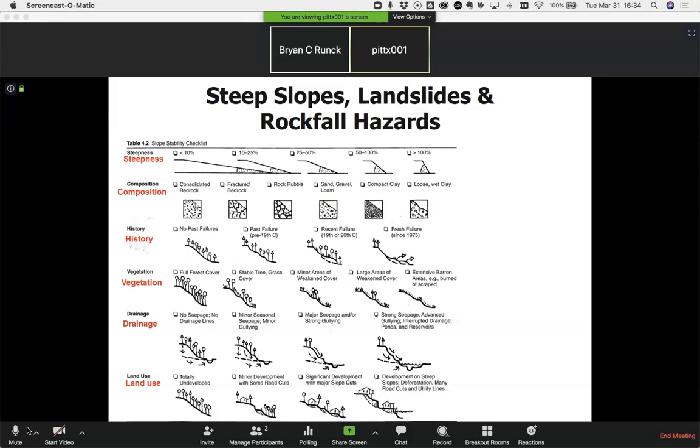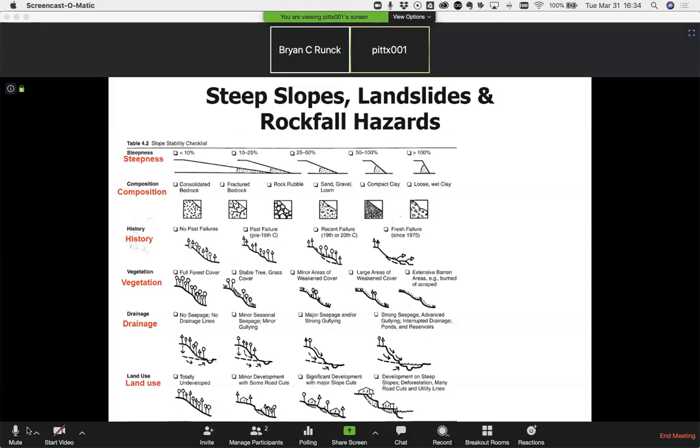So based upon composition, if we have an underburden that is consolidated bedrock versus an underburden that is compact or especially loose and wet clay, we can see that there is a greater risk of landslides occurring in the loose wet clay area than in the consolidated bedrock formation.